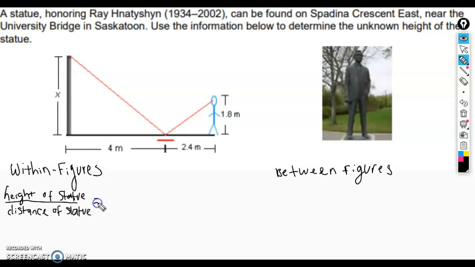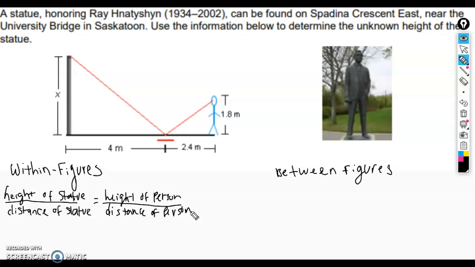And that's going to equal the height of your person over the distance of that point of person. So within figures means I'm focusing in the same figure.